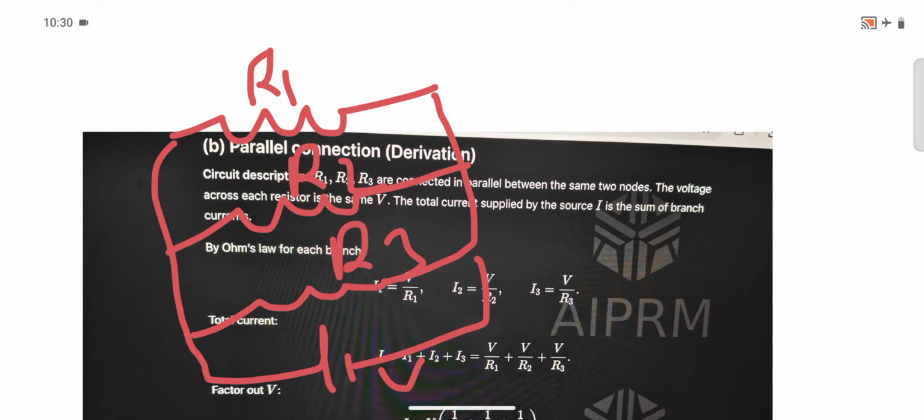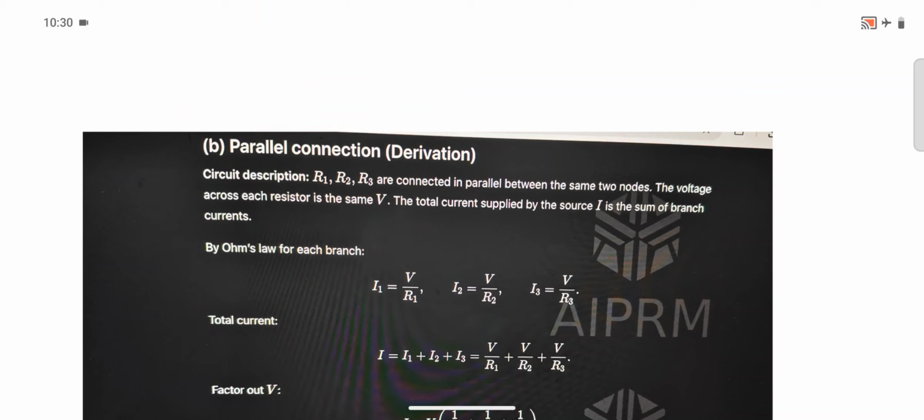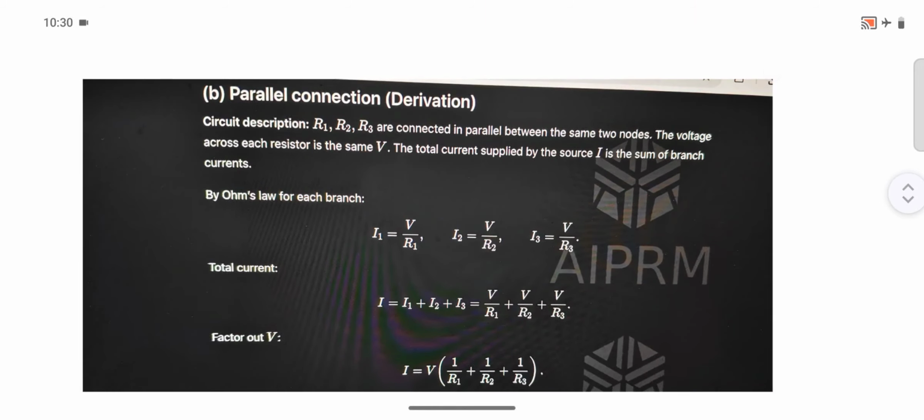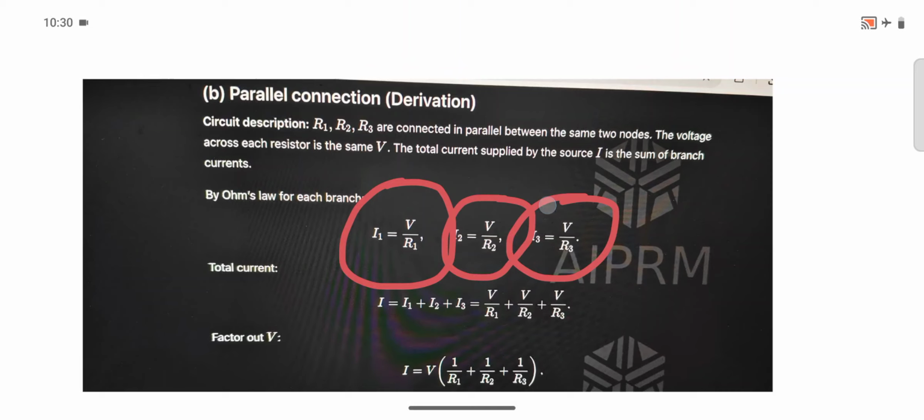Now, in parallel, potential difference will be same. So, we will calculate the current through each resistance. Current through resistor R1 is I1 is equal to V by R1, I2 is equal to V by R2, I3 is equal to V by R3. Now, I, which is the total current flowing through the circuit, is I1 plus I2 plus I3.